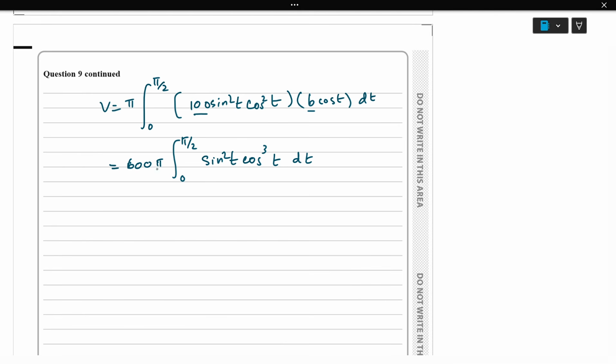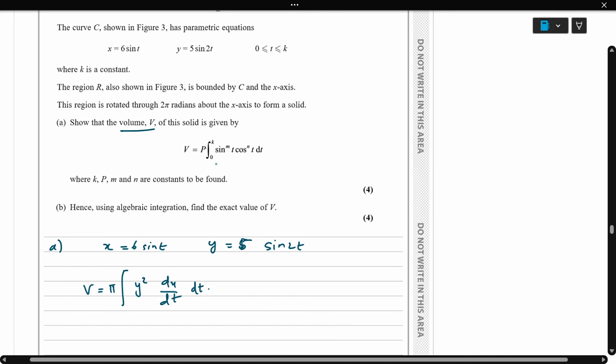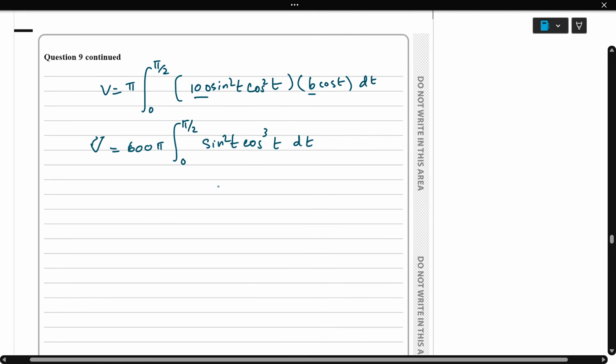So this is the volume. We have to leave the answer in this format: pi times the integral from 0 to k of sin to the power m t cos to the power n t dt. So we got the answer in the same format. So this is V, the volume.